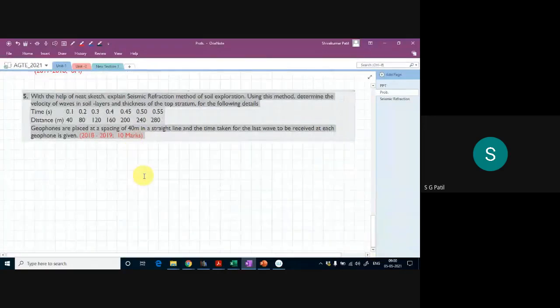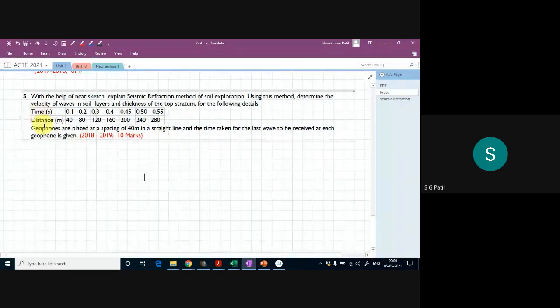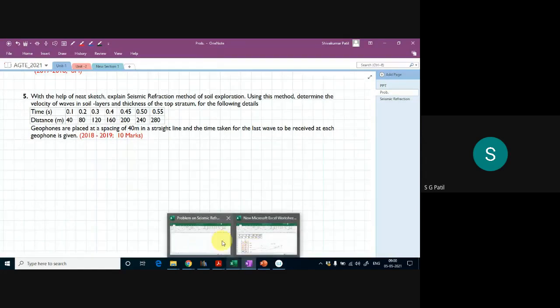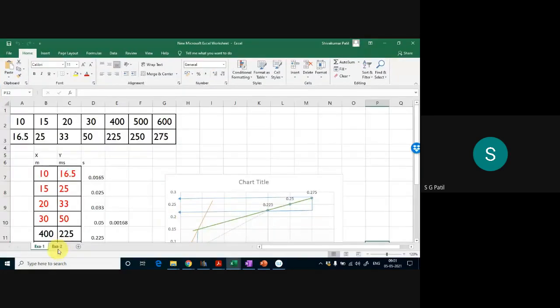So first, what do I have to do? They gave time and distance. All of you are comfortable with drawing a graph in an Excel sheet.